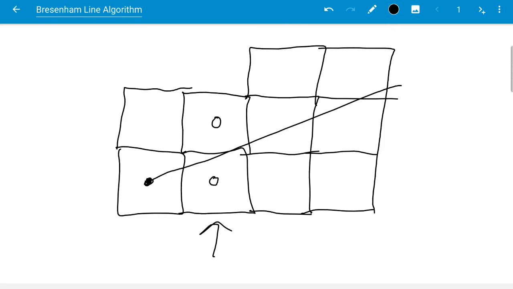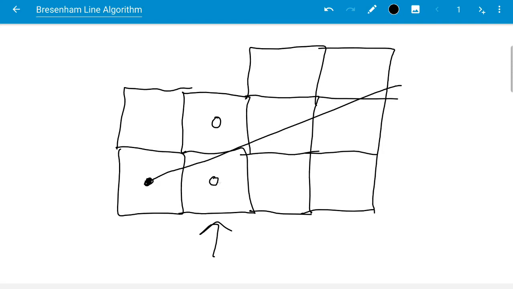You could probably guess from my drawing here that it should be the bottom one. I should not add 1 to my y coordinate. But we need to actually calculate this and tell the computer how to make this decision instead of us visualizing a nice straight line and seeing where it overlaps the pixels.